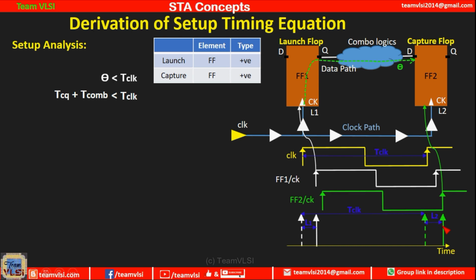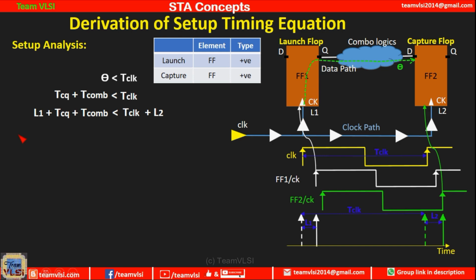So let's include this latency in our equation. On the left hand side, you can see that the time to reach the data at the D pin of the flip flop is not only TCQ plus T combo, but also this much delay, because first the clock will propagate from the clock pin to the CK pin of this flip flop, then it will take TCQ, the clock to Q delay, then it will take the combinational delay.